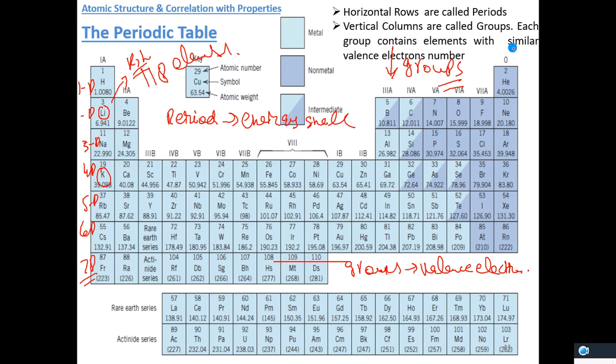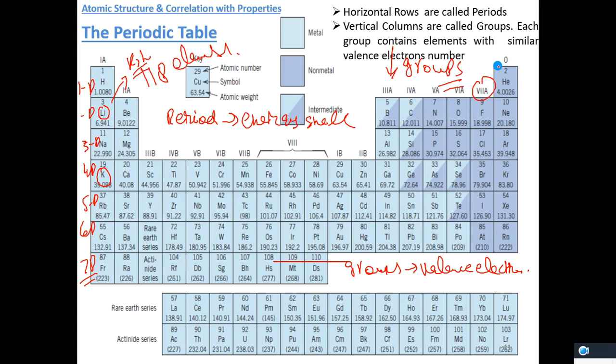For example, if I am in group 7A, then I can say the valence electrons in the outermost shell will be 7. And here you can see this is the inert group. It has the outermost shell filled up, with a maximum of 8 electrons.